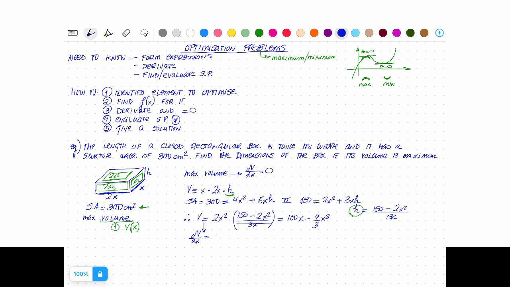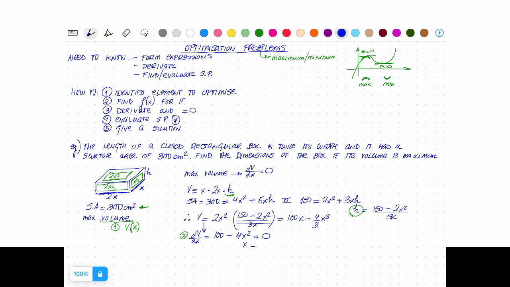So this is going to be 100 minus 4x squared. Now this is the easy part, because now we're already here on step 3. The expression is out of the way. The rest is just a bit of math and rearranging. I'm searching for a stationary point, so I'm going to make this equal to 0.